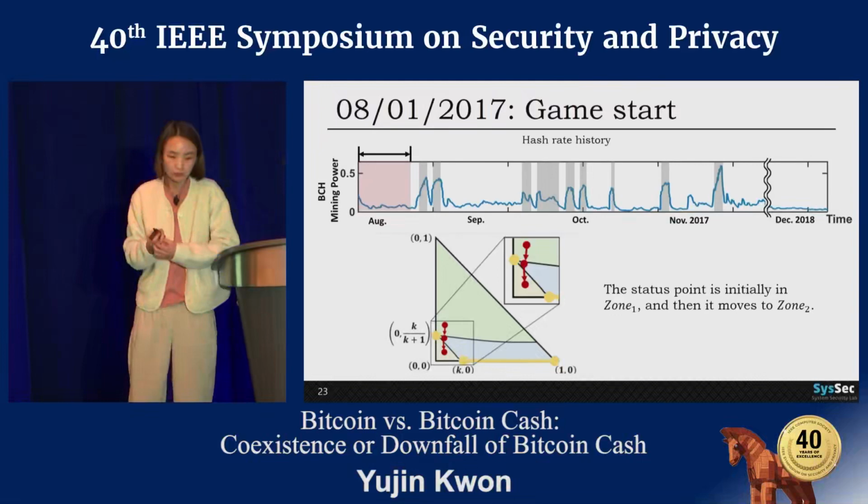Yeah. So actually, as I said before, the hard fork of the Bitcoin Cash mining difficulty update can mitigate the hash power fluctuation, because after the hard fork of the Bitcoin Cash mining difficulty adjustment algorithm, Bitcoin Cash mining difficulty is adjusted relatively fast.